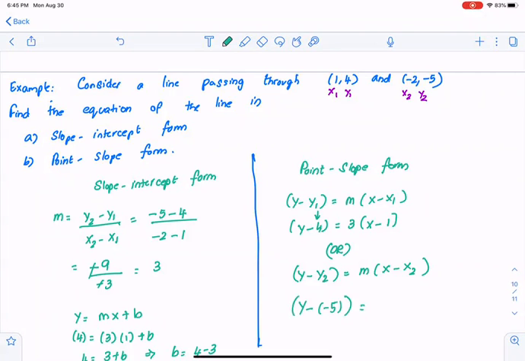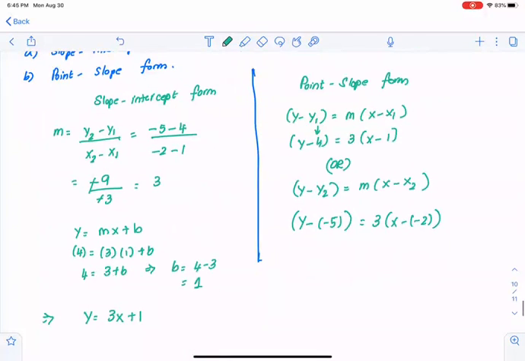The slope doesn't change, so 3 multiplied by x minus x2, where x2 is minus 2. So we would have y plus 5, since minus times minus 5 is positive 5, equals 3 times x plus 2, since minus times minus 2 is plus 2.